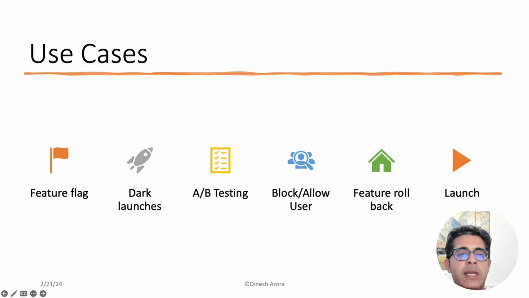So some of the use cases that I am talking about for feature flag: as I said, it allows you to enable or disable a feature on the fly. It allows you to do dark launches, as I explained. You can continue to deploy your code without showing it to the customer, and you can show it to the customer when you are ready. It also allows you to do A/B testing. If you have to test, you can allow or block certain groups of users. Think of, say, you have different tiers, right?